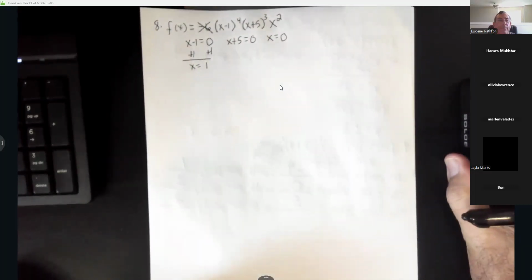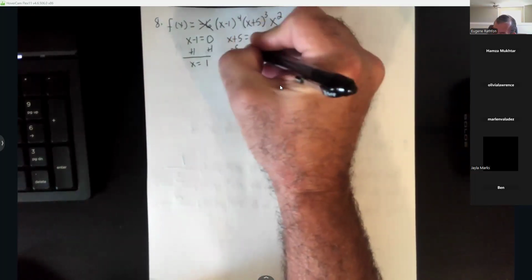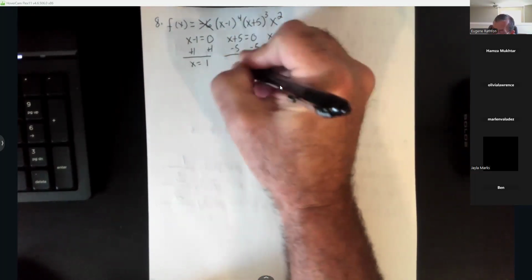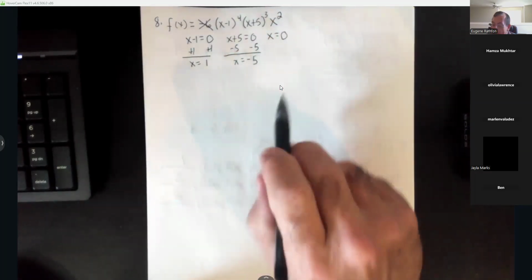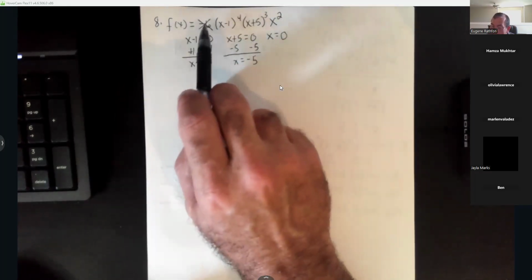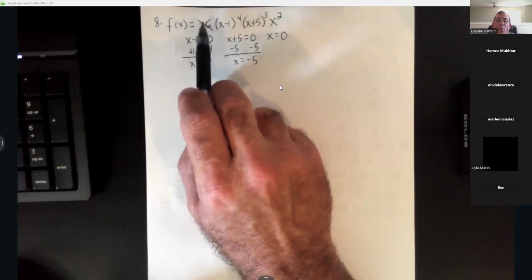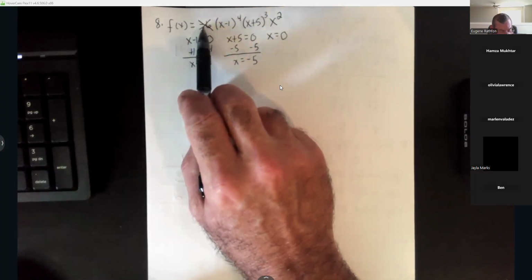We get x is a +1. On the second one, we would subtract 5. We get x is a -5. So I got my three zeros, 1, -5, and 0. Remember, we are not worried about numbers without variables, okay?